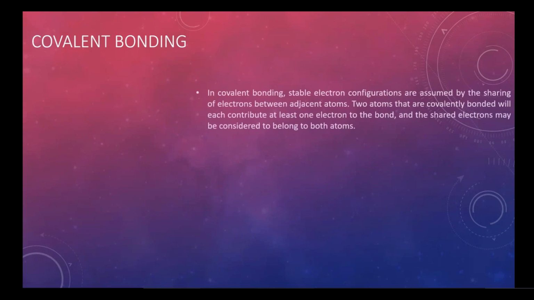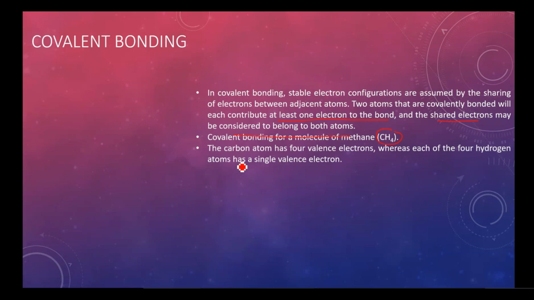Similarly, in covalent bonding you have sharing of electrons between adjacent atoms. That means two atoms that are covalently bonded will each contribute at least one electron to the bond, and the shared electrons may be shared by both atoms. For example, the case of methane, CH4, where there are four hydrogen atoms, each sharing an electron with the carbon.